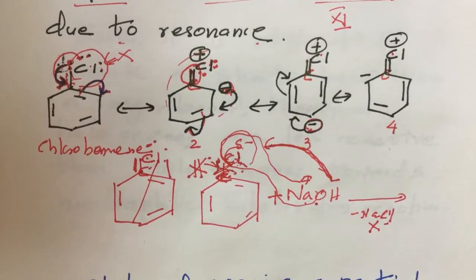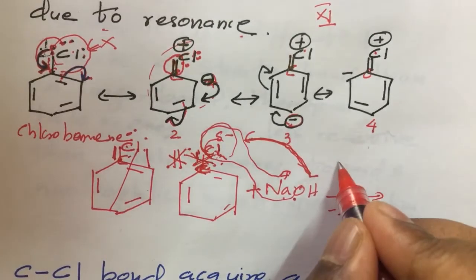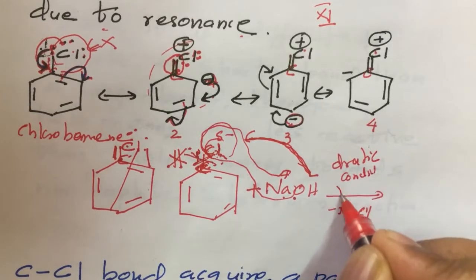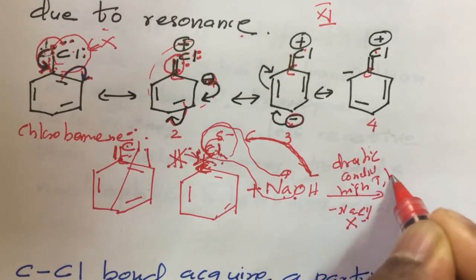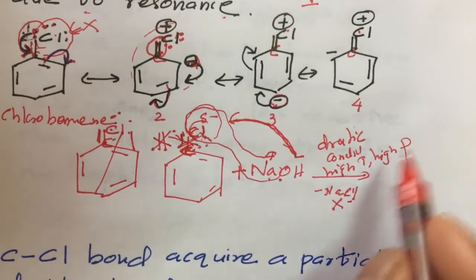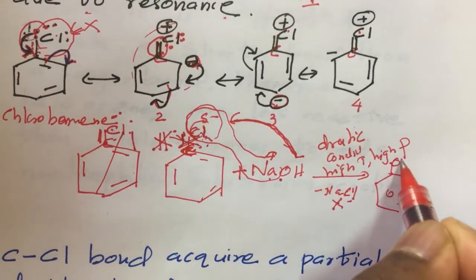But this reaction is possible if the reaction is carried out at drastic conditions, high temperature and high pressure, then there is a chance of removal of NaCl and substitution reaction.